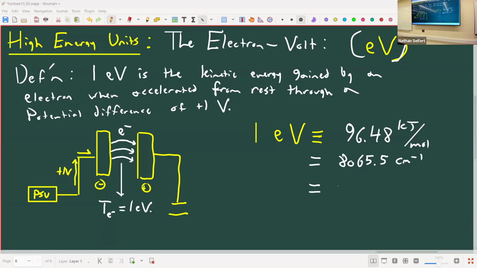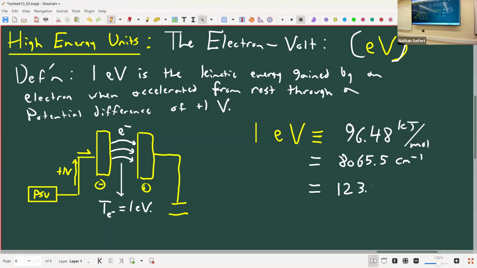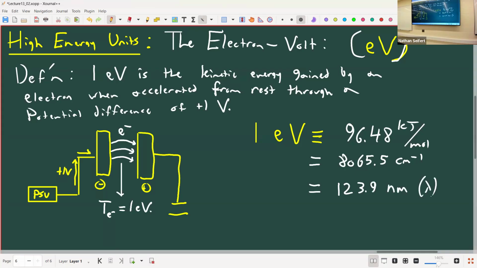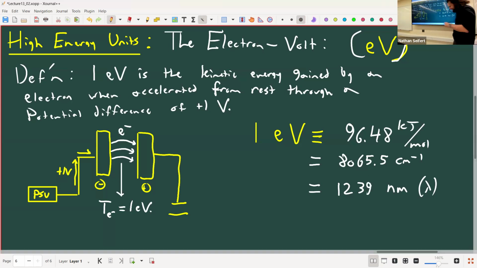So it's 123.9 nanometers wavelength. Okay. So 1 eV kind of puts you. Oh, I'm off by a factor of 10. Sorry, that's wrong. I knew that seemed really, really small. It's 1239. Sorry. 1239.